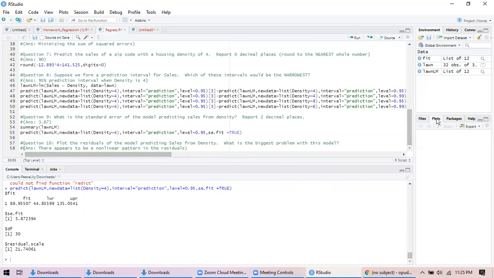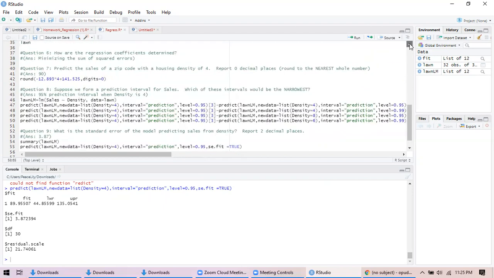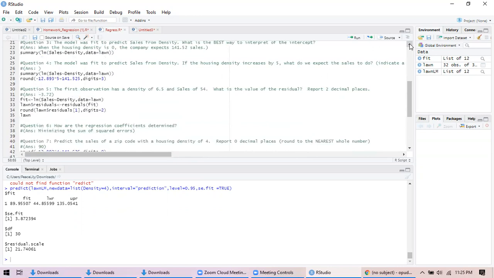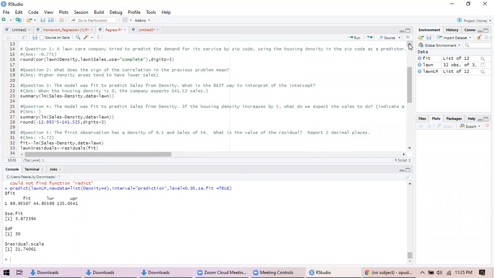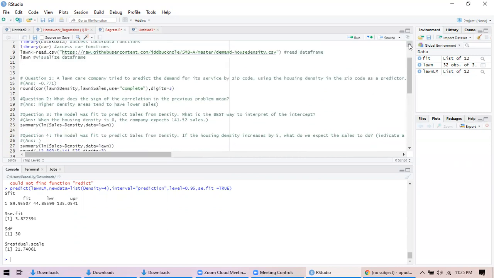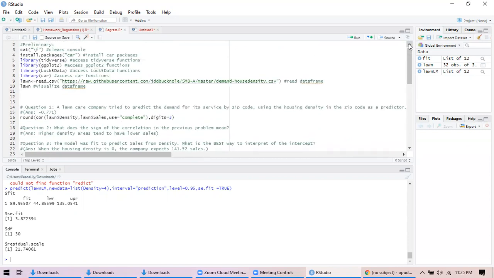Where's the code that I have for that? The residual plot. I think you have to do a residual plot for this. Question 10.